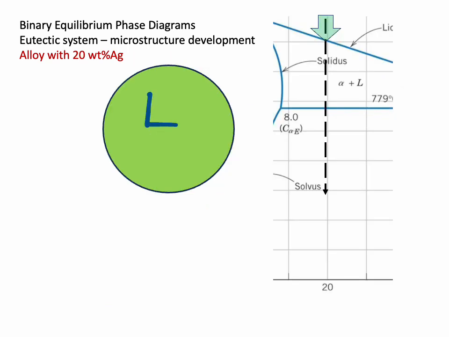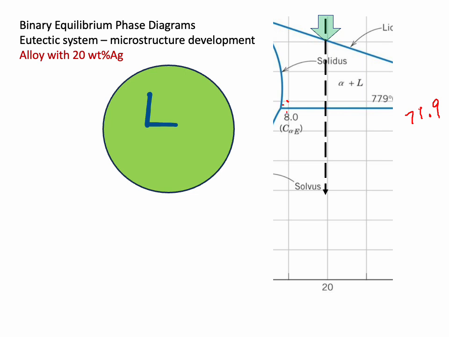So first we'll look at less than the eutectic composition. Remembering that our eutectic composition was 71.9, I believe. And so here we have a composition that's between the two. It's 20. It's between the 8 and 71.9.